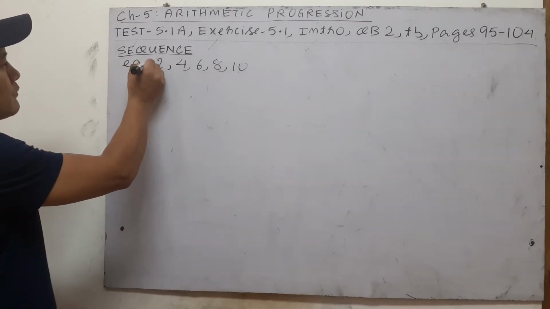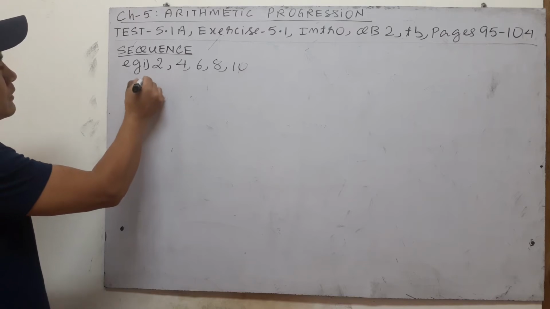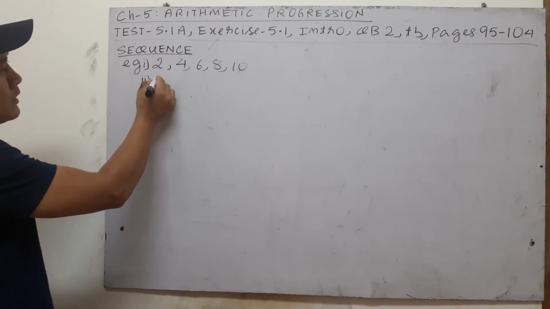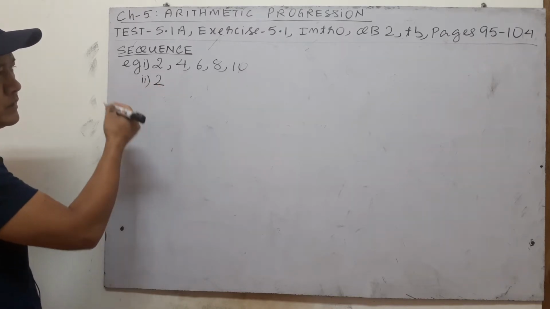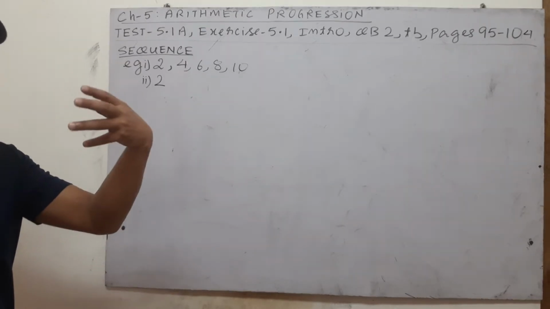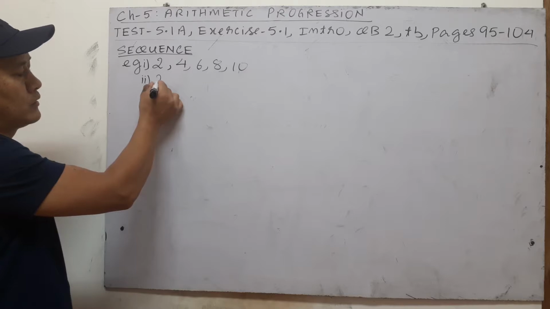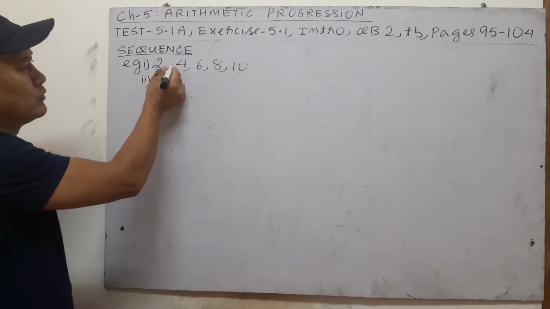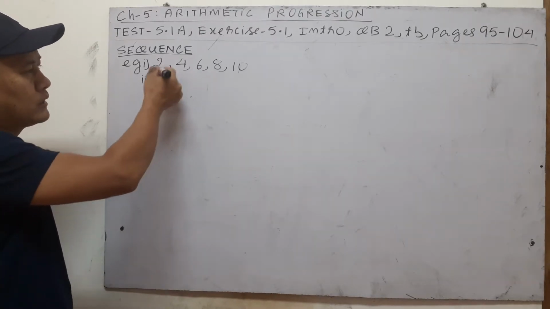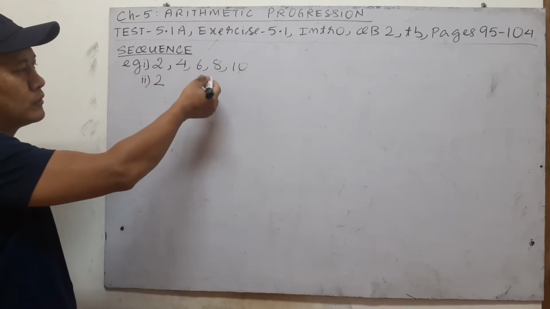Another example of a sequence, let us take example 2. Let us say 2 again, but this time let us follow a different set of rules: add to itself. Here we're going to add each term to itself to obtain the next term.